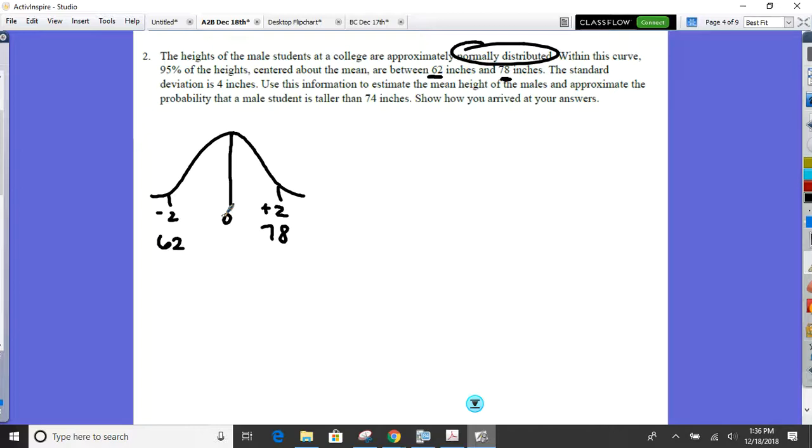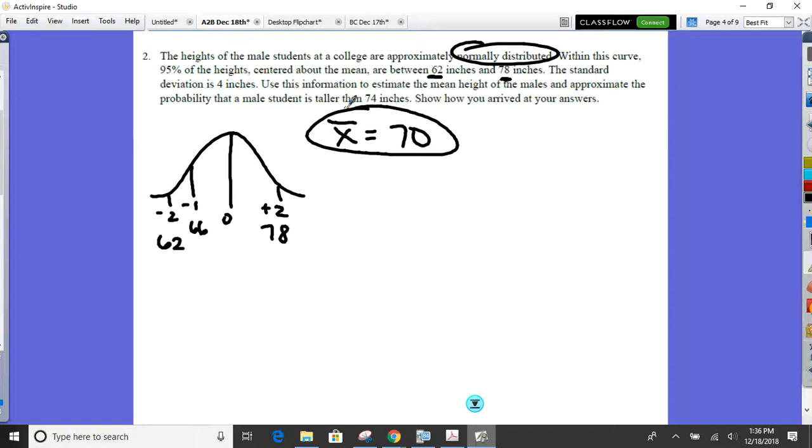You get 66, but that's not at 0 yet. That's at negative 1. Add 4 again. What's my mean? Mean is 70. It's a 2-part problem, though.